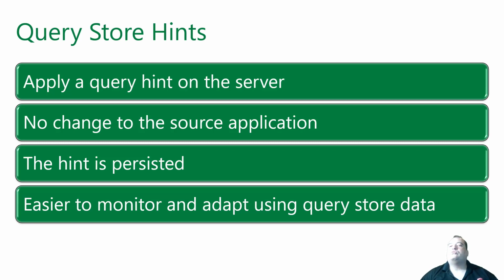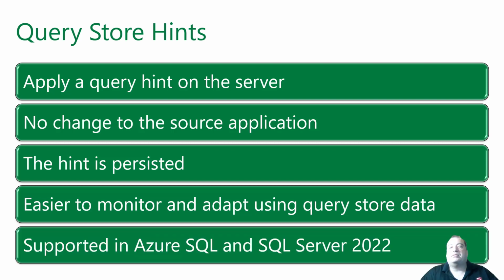It's easier to monitor and adapt using query store data. You can check the query store data to monitor how your queries are performing and adapt. It's supported in Azure SQL and SQL Server 2022. So, query store hints are supported in these two, Azure SQL and SQL Server 2022.